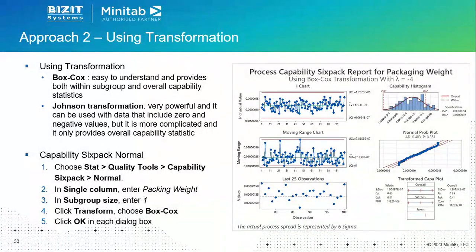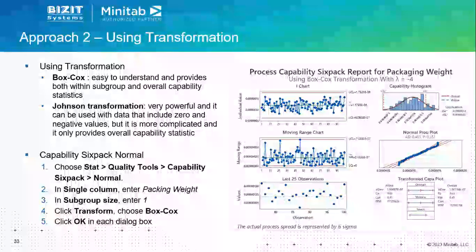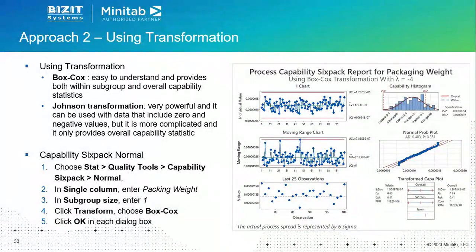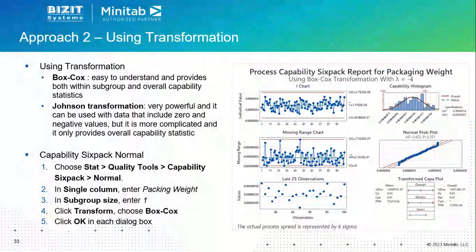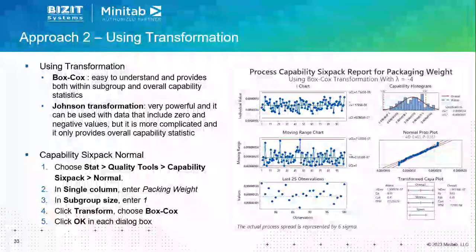Box-Cox is easy, something like you can do log base 10, or maybe you can go for the square root, maybe you can inverse. And then the Johnson is very powerful and can be used with data including 0 and negative values, but it is more complicated, and it only provides overall capability statistics.